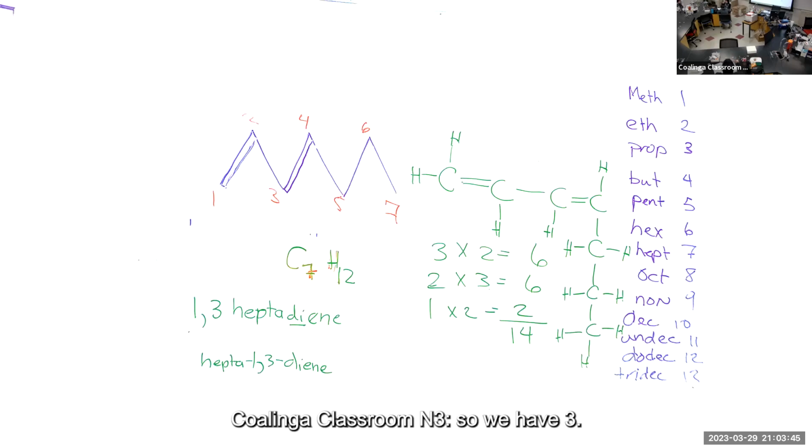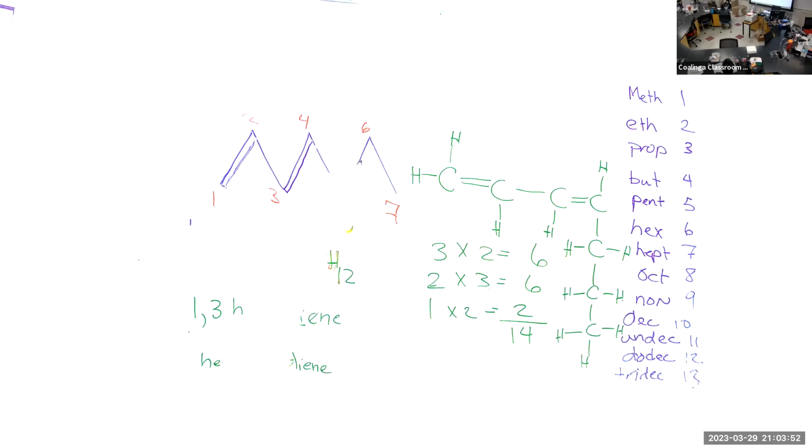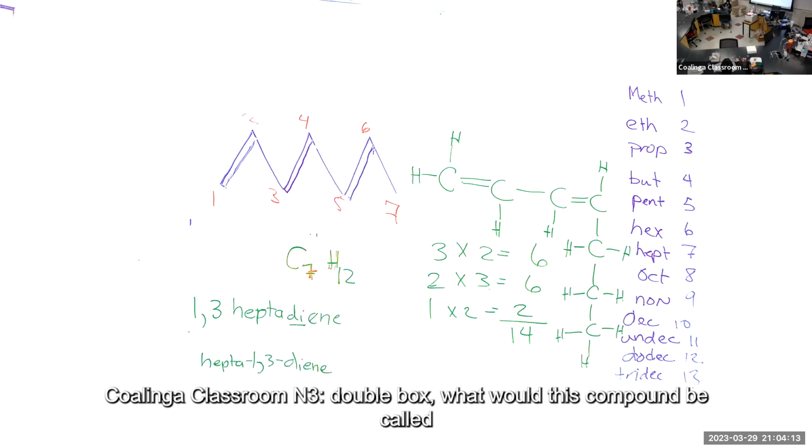So if we had 3 double bonds, what would this compound be called?